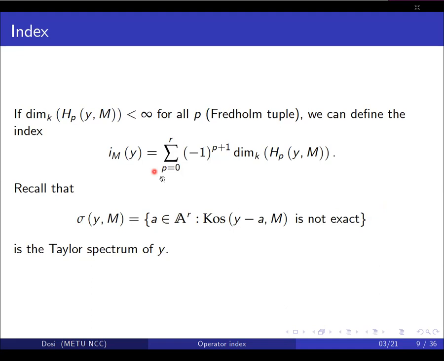Well, if we have finite dimensional homology groups, then we can introduce a sort of index of this family X. This again is well known in analysis, for example, the essential spectrum, right, and the related indices, right. And this guy is a sort of Taylor spectrum, the joint spectrum, for this tuple over the module M.